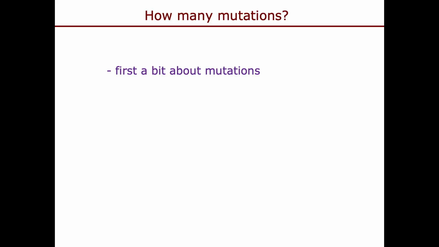Nowadays, because we have access to sequencing data from cancers, we can address this more directly. And to understand how many mutations we think there are now, I need to spend a moment talking about the different kinds of mutation.